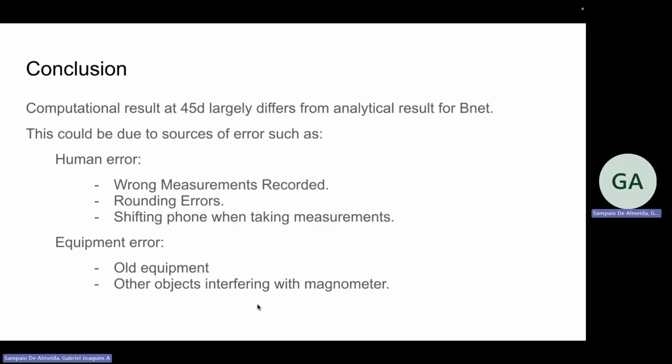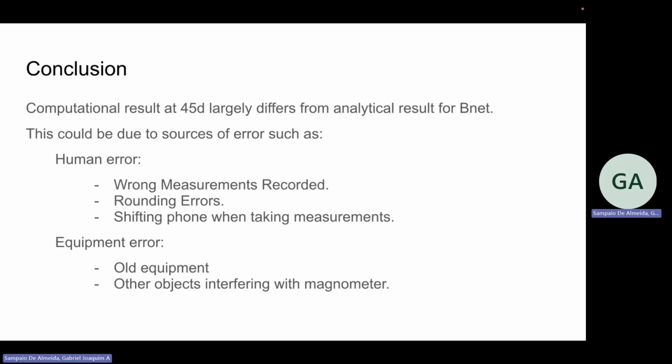As a conclusion, the computational result largely differs from the analytical results, and this could be due to sources of error, such as human error, as maybe we recorded wrong measurements, or there were some calculation rounding errors, and it was also not reliable.